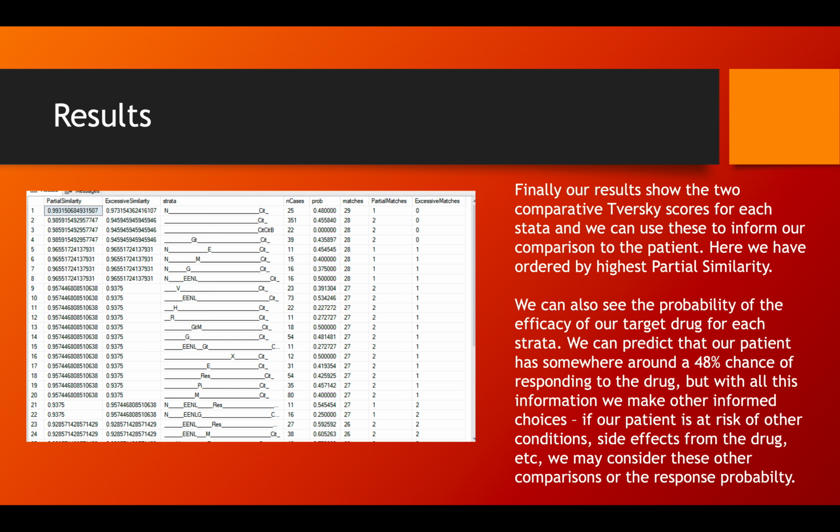And we can also consider these response probabilities if there are any side effects to the drug, and use that information to determine if it's worth it. We can also use the partial similarity and excessive similarity scores in nuanced ways to really determine how similar or in what ways these strata are similar to our patient, which might come in handy in more complex analyses.